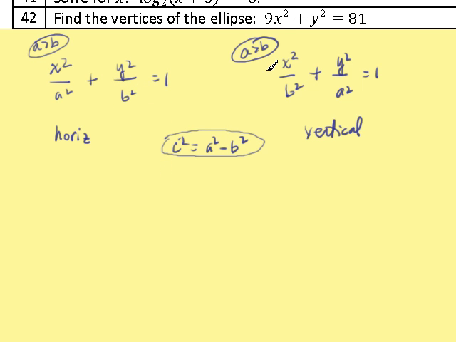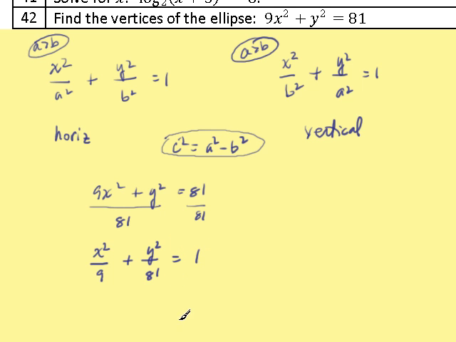All right, so let's put this in standard form. So we have 9x squared plus y squared is equal to 81. We want 1 on the right-hand side, so we're going to divide both sides by 81. So here we have 9 over 81. Reduce that, and that would give us a 9 in the denominator, plus y squared over 81 is equal to 1.